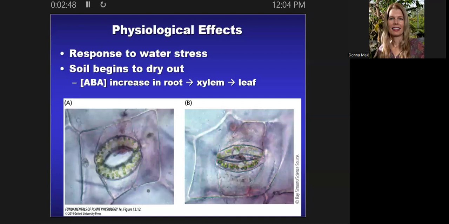But the issue is, to be effective in your response to that lack of water, the main thing you should do is shut your stomata, which of course are way up in the leaves. So you have to get that abscisic acid that's being synthesized in the roots all the way up to the leaf tissue and then to the guard cells, and have the guard cells do their thing to close over the stomata, the pore.